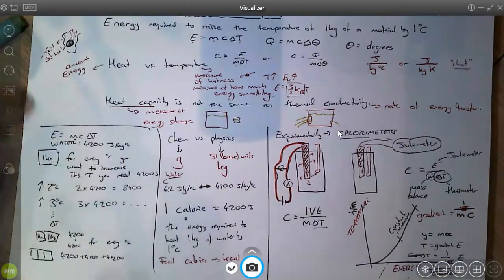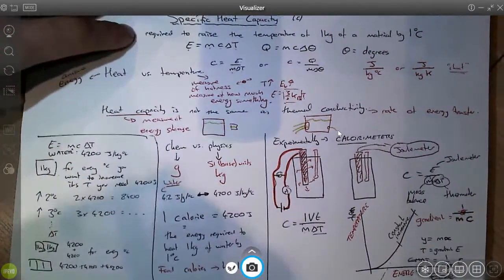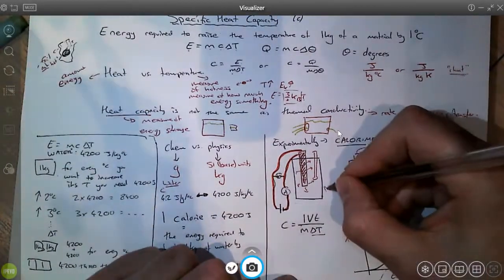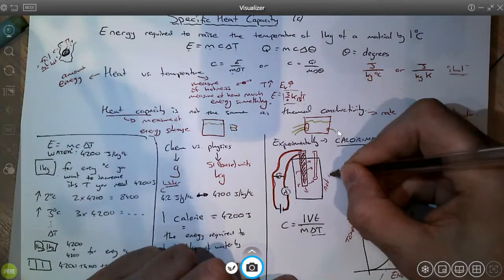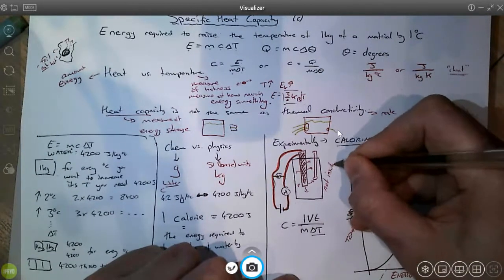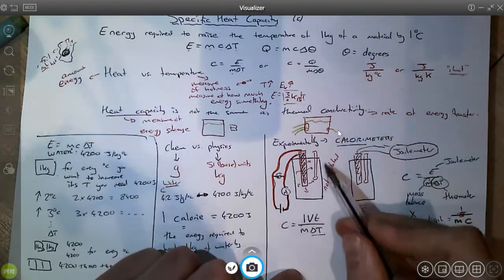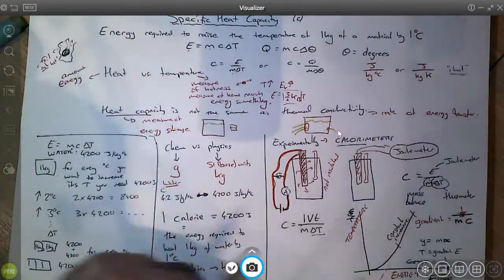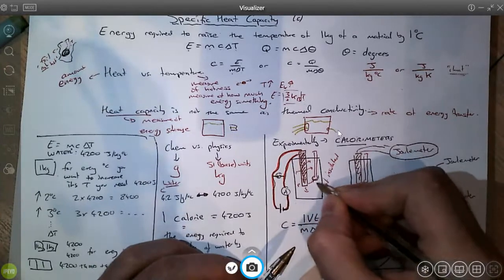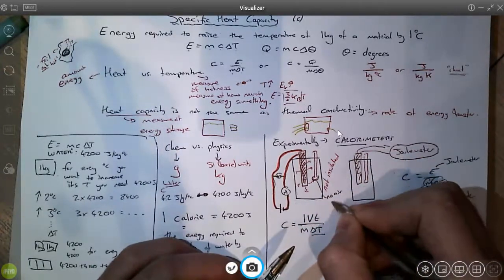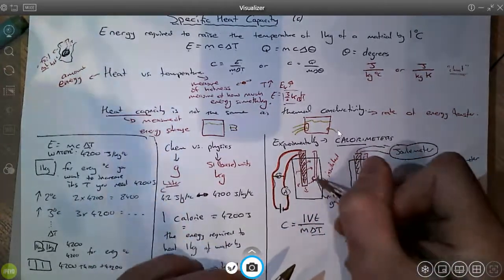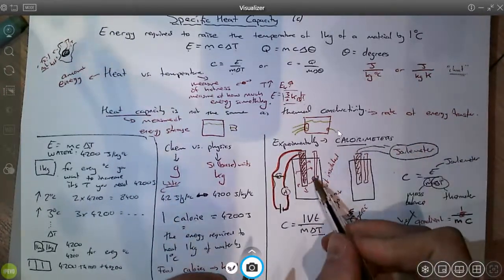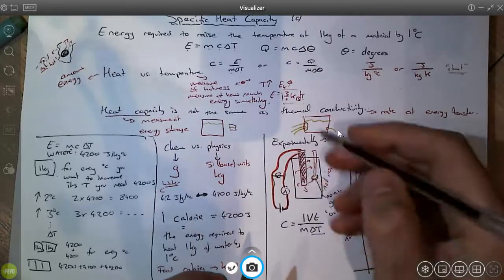And then finally, you'll want to talk about errors here. So errors could include not having insulation, which can easily be improved by putting insulation around it. You could improve it further by making sure there is no air gap here by just putting in a bit of oil. So that means that no energy is wasted in air.